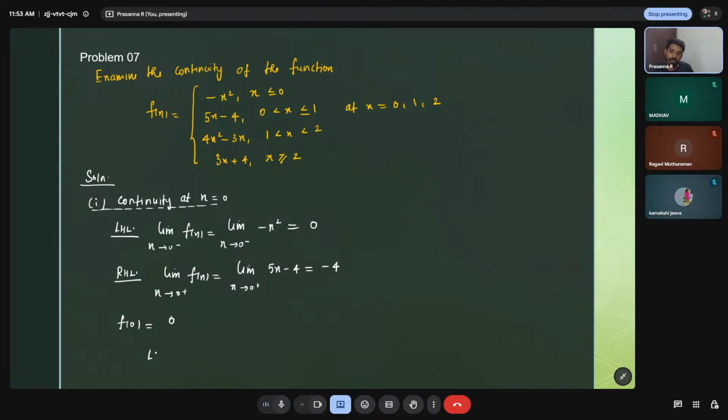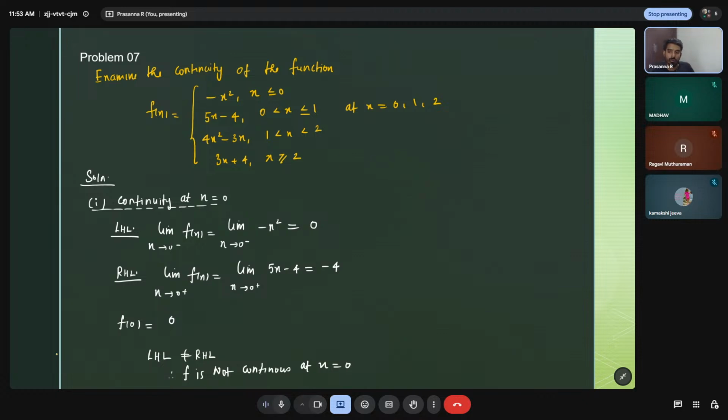And here we see that my LHL is not equal to RHL. All three have to be equal. So therefore f is not continuous at x equal to 0 because LHL and RHL are not equal. The limit itself does not exist at that point.